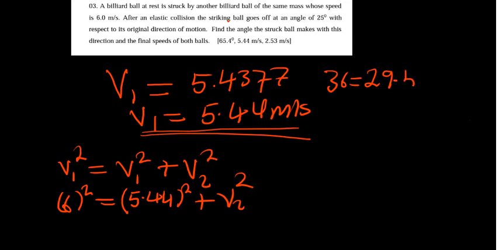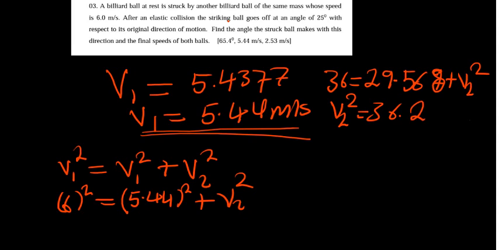29.568 plus our v2 squared. When you solve for v2 squared, it is equal to 36 minus 29.568, which gives us 6.42.